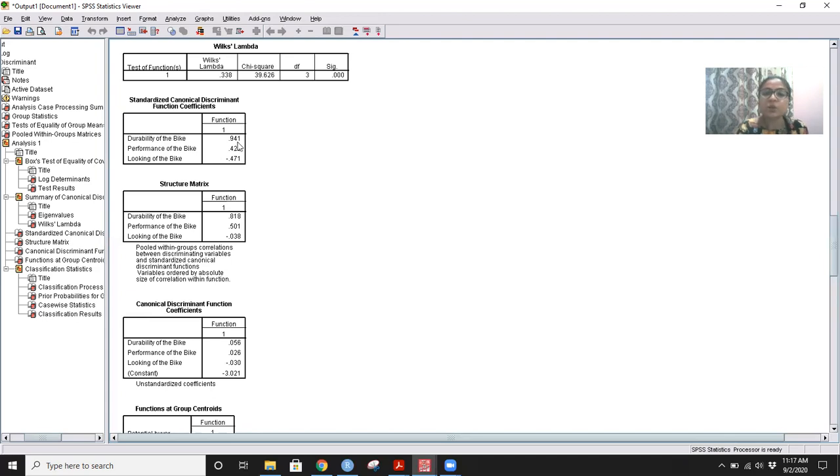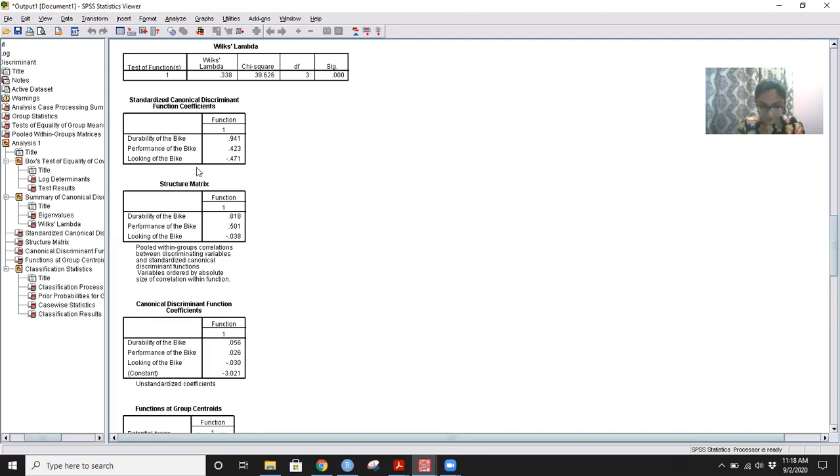The one with the highest absolute value is more important as an independent variable in discriminating between the groups on the dependent variable. So to us, durability is the best, then performance, and then looking of the bike. This is how you get the desirability of the independent variables. Durability is time and again emerging as the best independent variable. The order continues to be the same.